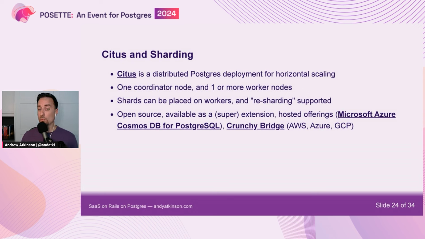As we add more worker nodes, we may want to reshard so that our shards are evenly distributed amongst our worker nodes. Citus is an open source extension. Some people call it a super extension since it changes the operational model quite a bit. And besides running it on your own, you can also take advantage of hosted services like Microsoft's Azure Cosmos DB or Crunchy Bridge.